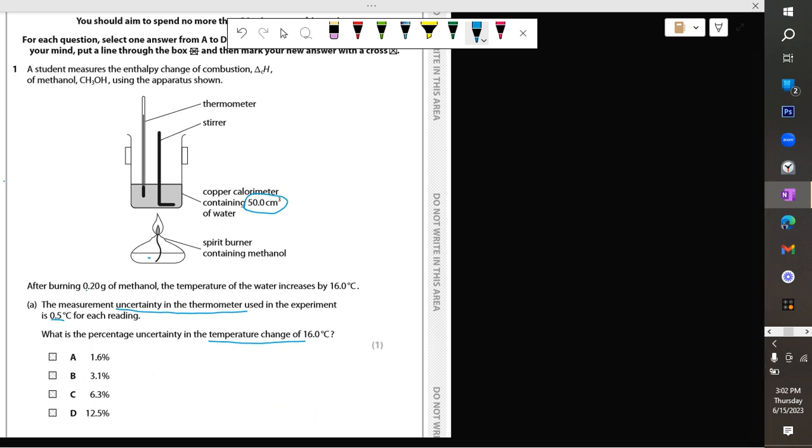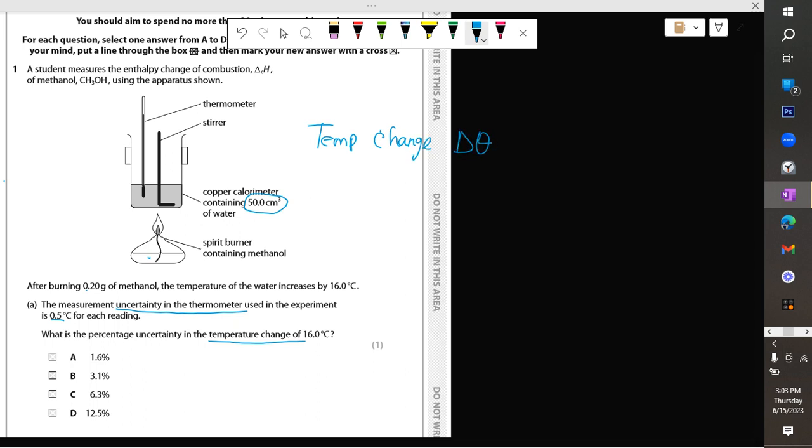When you read a thermometer, when you take a reading, there is an error, an uncertain value. That value is given as 0.5 degrees Celsius, and you have to take the temperature change.